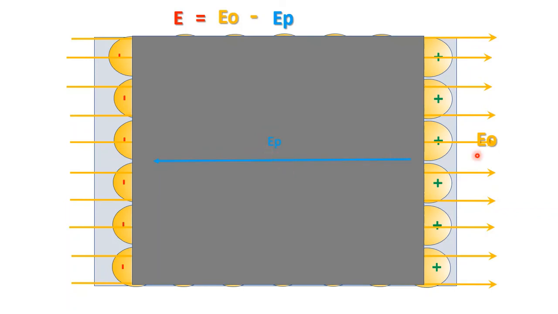It is in the opposite direction of the applied electric field E0. So, the electric field inside the material is the applied electric field minus the induced electric field due to polarization. That is, E = E0 - EP.